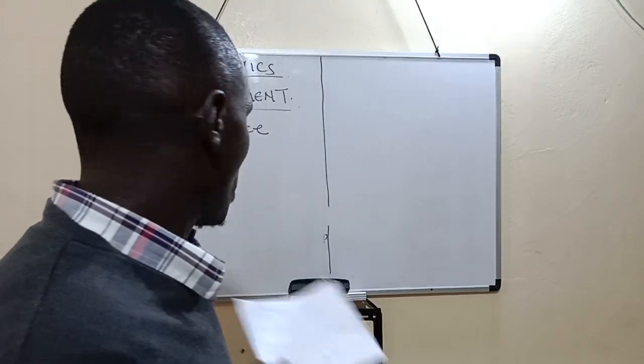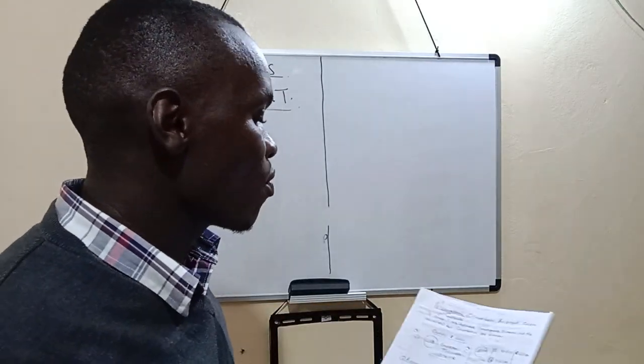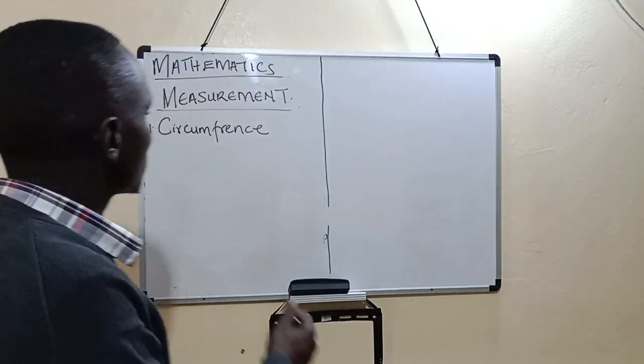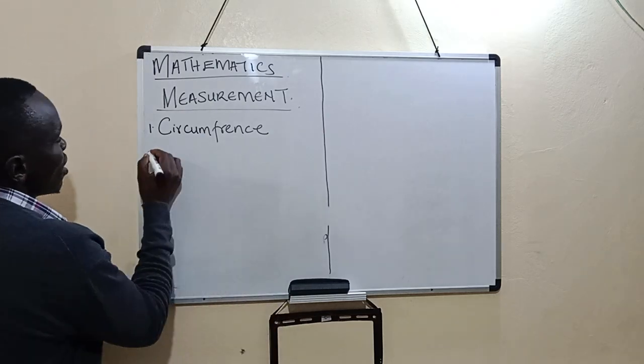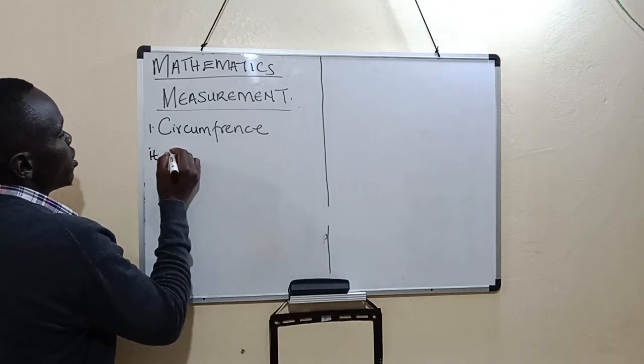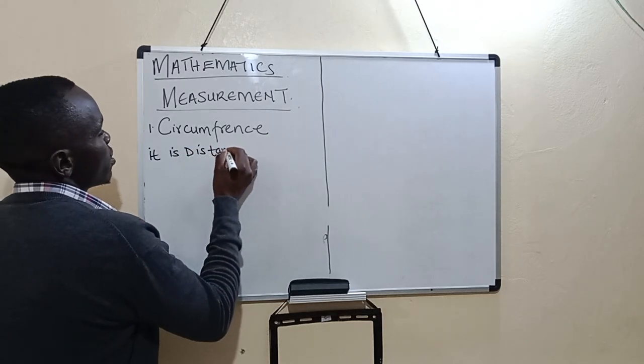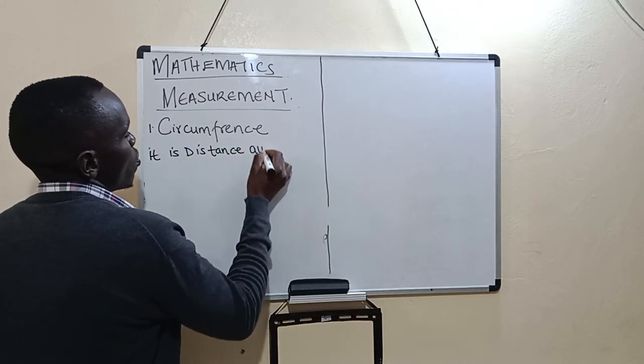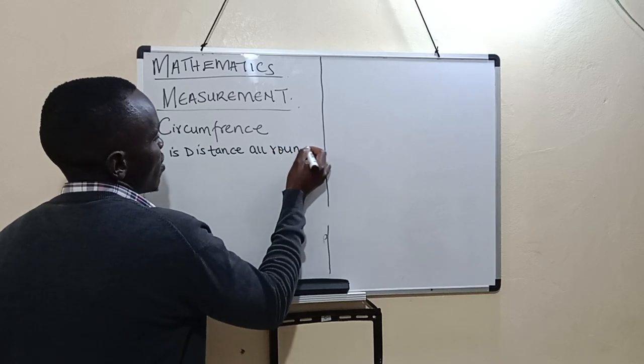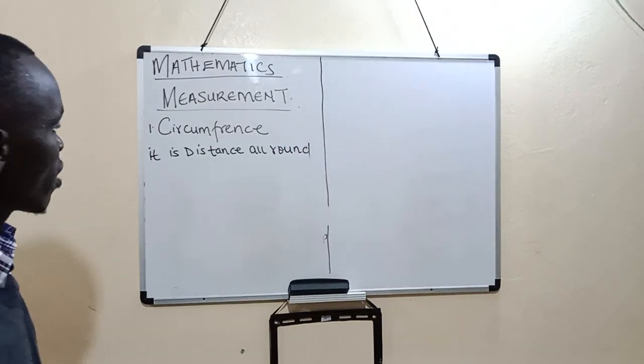Now, in this case, we're talking about circumference, where we say that circumference is the distance all around.